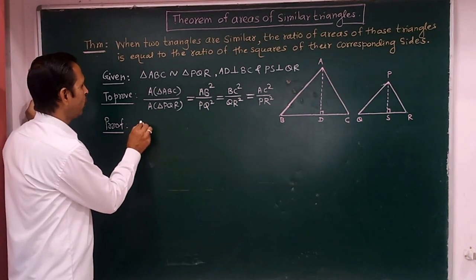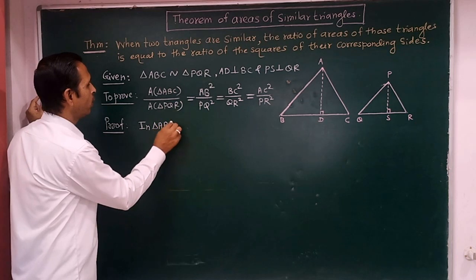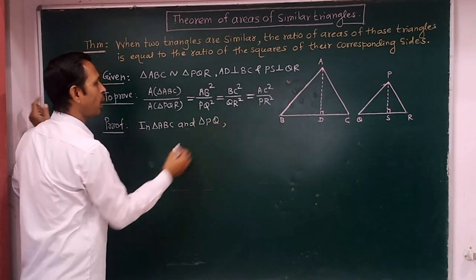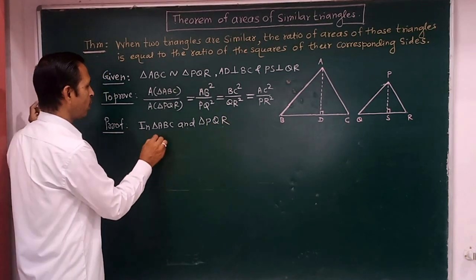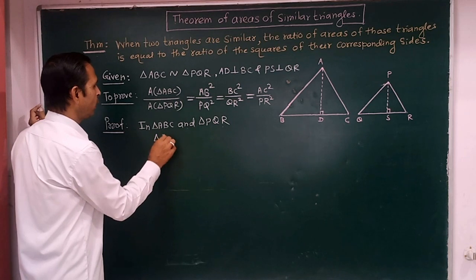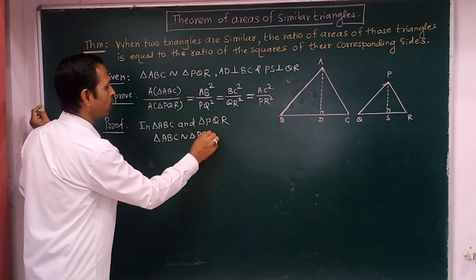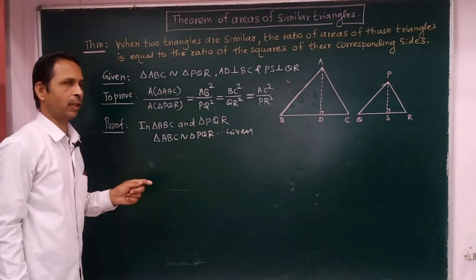Now write here, in triangle ABC and triangle PQR, what are we given? We are given that the triangles are similar, so we write triangle ABC is similar to triangle PQR. This is the given statement.